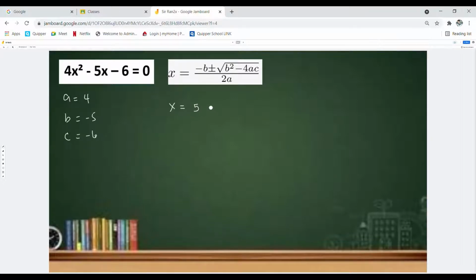So 5 plus minus the square root of negative 5 squared minus 4 times a, which is 4, times c, which is negative 6.